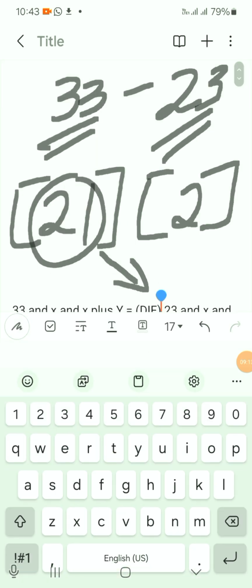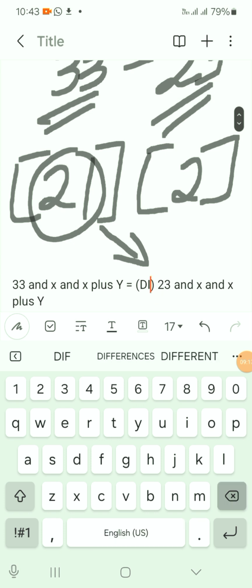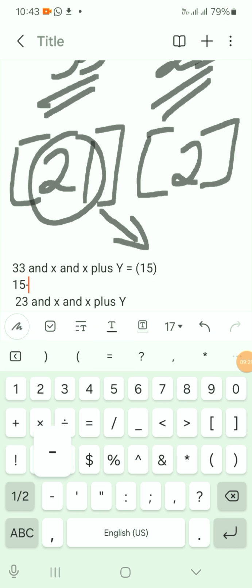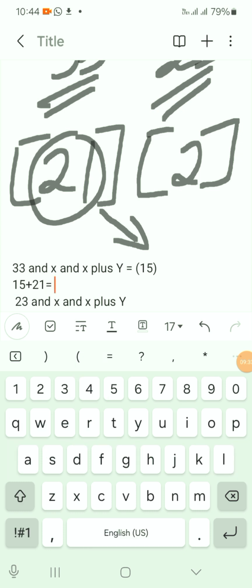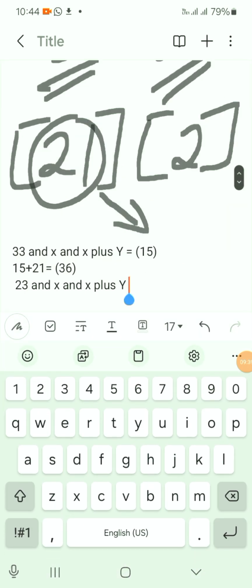We said this one of a difference, it equals to 15, and then we said what? We said 15 plus 21. 15 plus 21, it equals to 36.